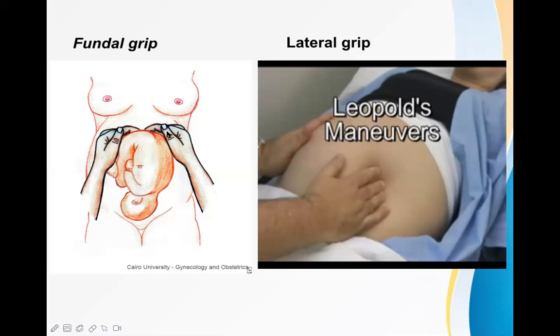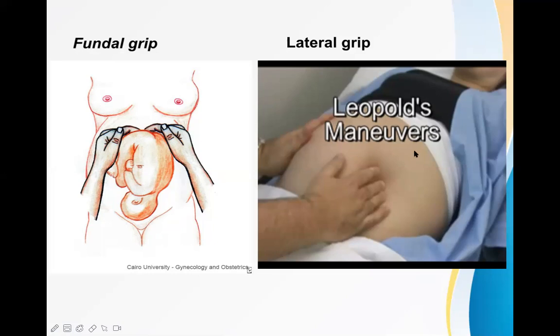That is done by fundal grip. And I already told you, or you already know, the cephalic presentation is the most common presentation. So the head is downward and the buttock is upward, and the buttock is the one present in the fundus in the fundal grip. In case of breech presentation, the head is present in the fundus.